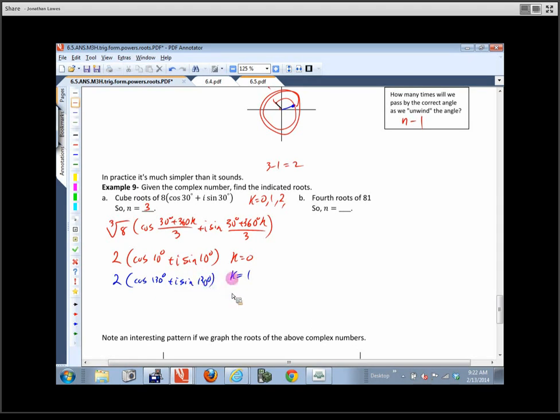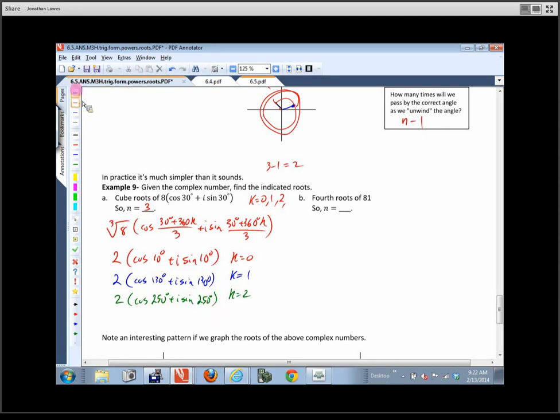And if I let k equal 2, the radius is always the same, it's just the angle that changes. Cosine of, that would be 720. 2 times 360 is 720, plus 30 is 750. 750 divided by 3 is 250. Plus i sine 250. Okay.